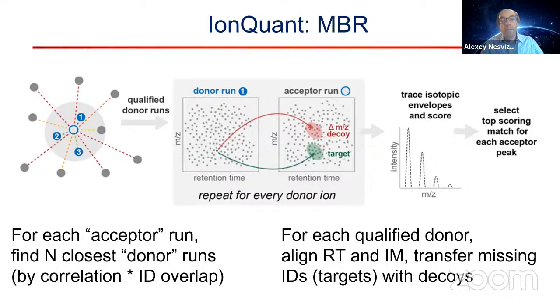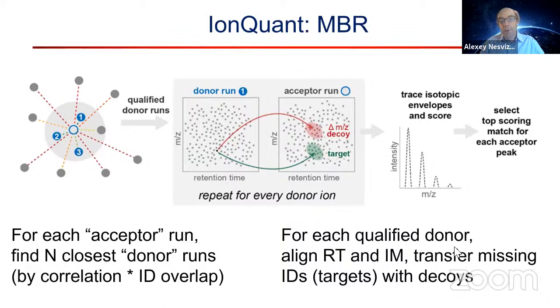That's a combination of a correlation in retention time, the intensity of peptides identified between the two runs, as well as the total number of identifications that overlap between the two runs. So we create a similarity between runs score, and we rank all donor runs based on that score, and we can allow transfer of identifications from up to n closest donor runs.